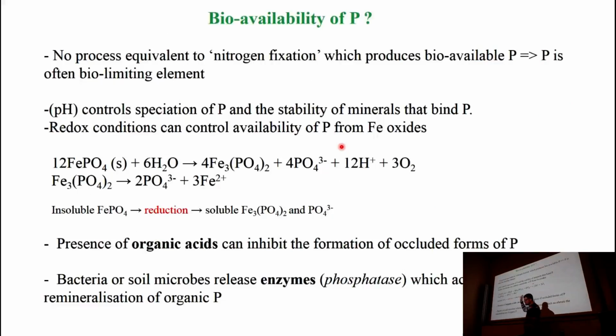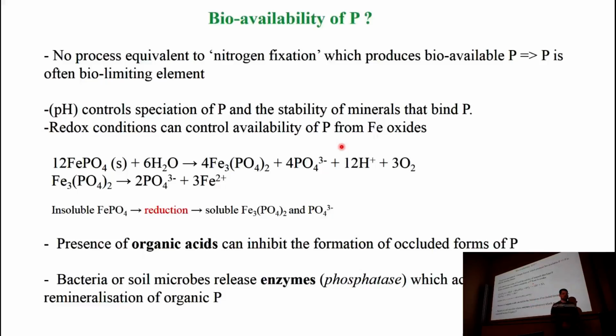As I mentioned earlier, there's no equivalent of nitrogen fixation, so there's no phosphate fixation. We can't make bioavailable phosphate. We have to produce it by weathering or mining, so it's often limiting the amount of biological availability. pH is really important in determining how available the phosphorus that you have weathered is for biology.